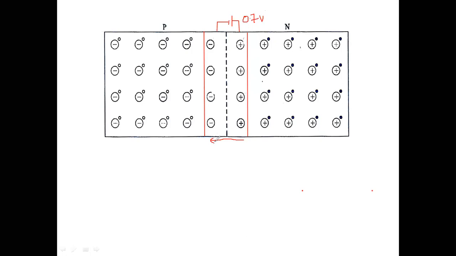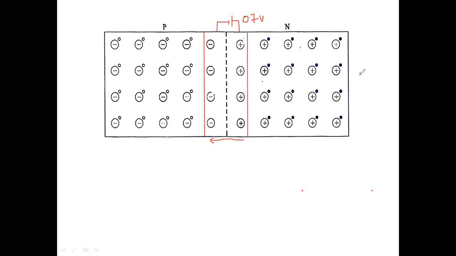Keep in mind one thing: if the semiconductor material is highly doped, the junction width will be very small.